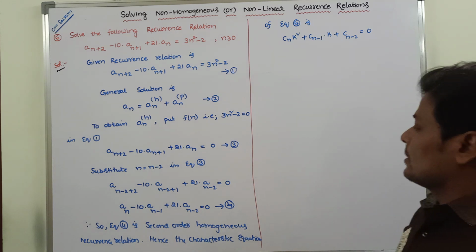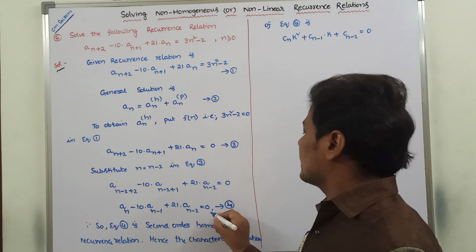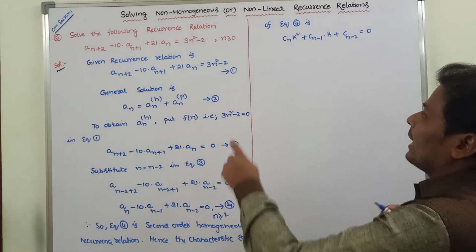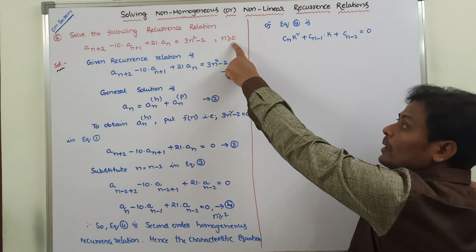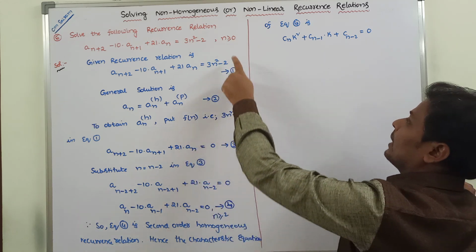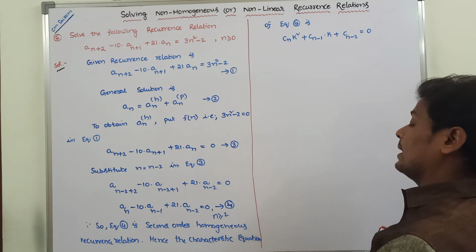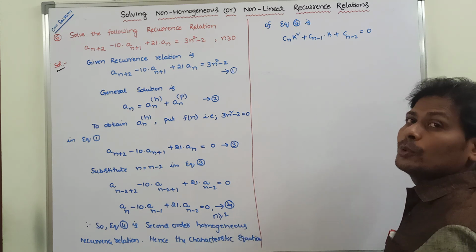After substituting, it becomes n greater than or equal to 2. Originally n was greater than or equal to 0; in the place of n we substitute n minus 2, so n minus 2 greater than or equal to 0, that is n greater than or equal to 2.